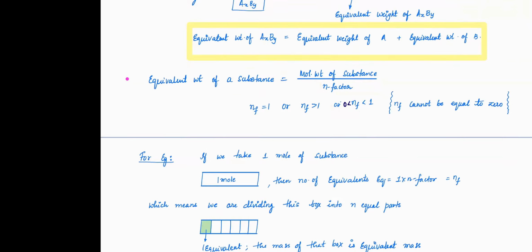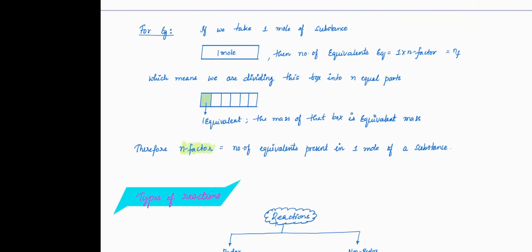The other day I told you, in case I take 1 mole of a substance, the weight of something of 1 mole, then the number of equivalents present in that will be equal to 1 mole into its n factor. So the n factor is the number of divisions that you are making for this weight, considering it like a box.